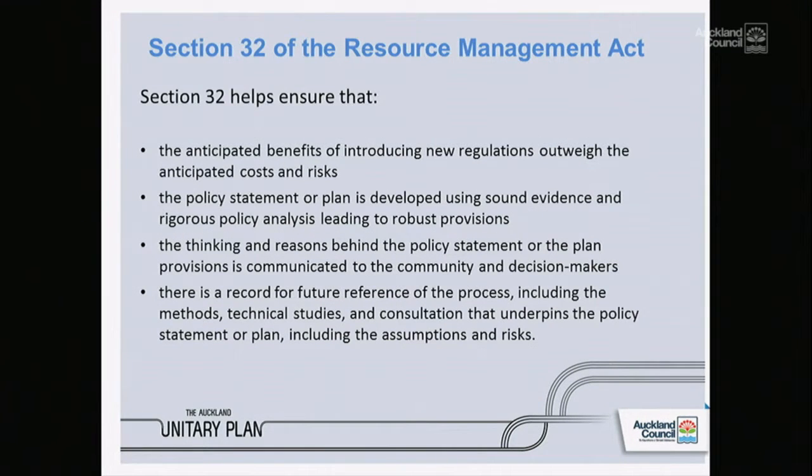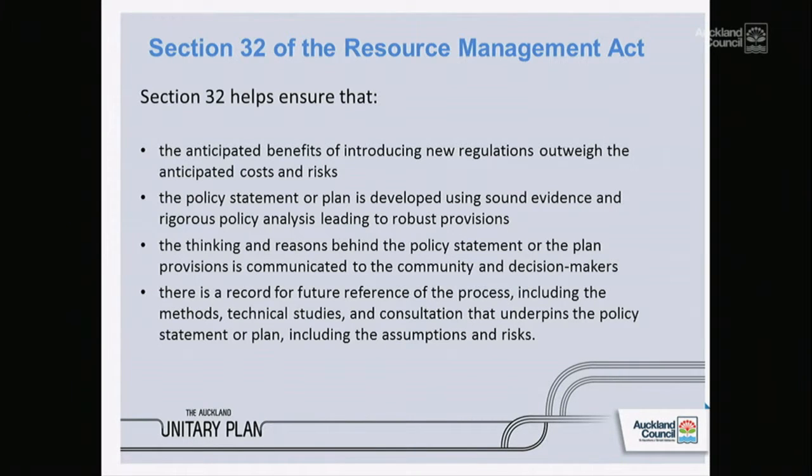So one slide on Section 32. It is looking at the benefits of any new regulation and whether they outweigh the costs and risks, and it does require you to look at social, economic, cultural and environmental costs and benefits, not just the economic costs and benefits.